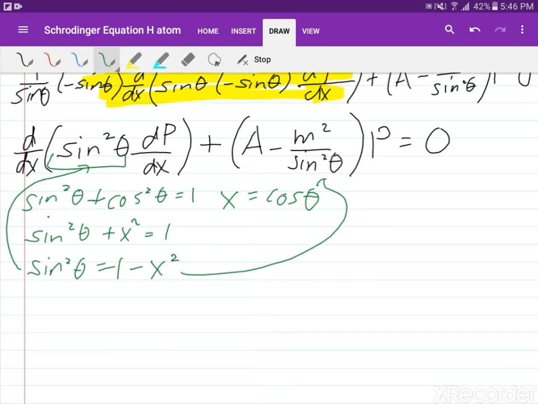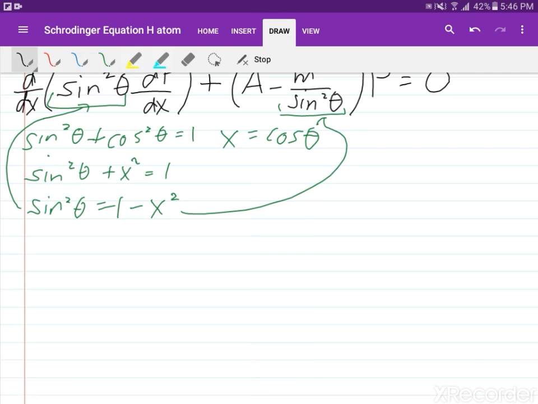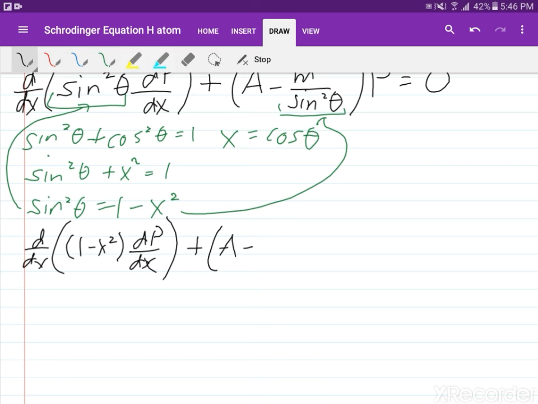So now our equation will be d dx of 1 minus x squared d P dx, plus a minus m squared over 1 minus x squared times P equals 0.